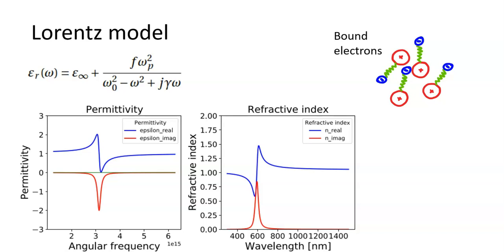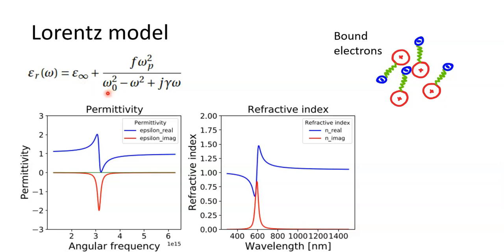Permittivity, according to the Lorentz model, applies especially well for gases, but it can be used with solid materials as well. In this case, materials are described as electrons bound into nucleus.